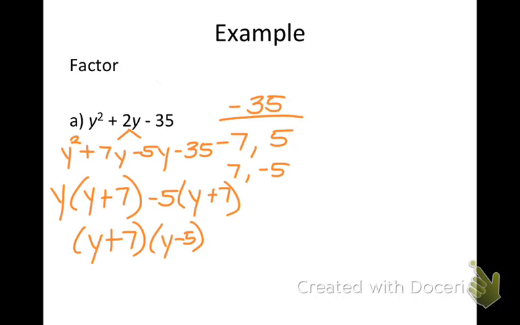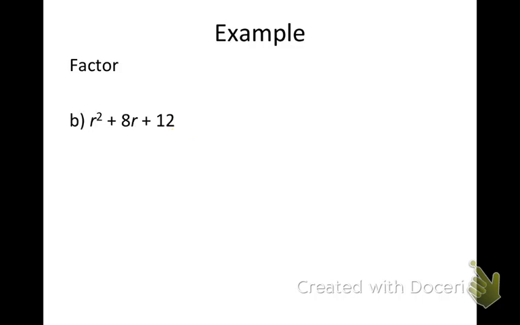Okay, so let's look at this one. We've got r squared plus 8r plus 12. Again, my leading coefficient is a 1. So we can do 1 times 12, which is 12. What are factors of 12 that add up to 8? 6 and 2.